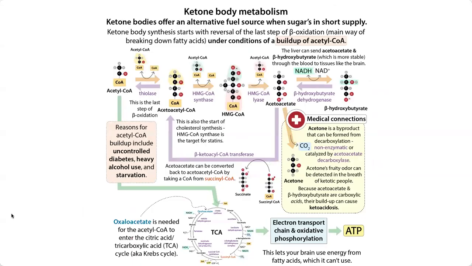Later in the semester, we'll talk about this condition called diabetic ketoacidosis. Basically, your cells don't have enough glucose inside of them. And if they don't have enough glucose, they can't do the TCA, the citric acid cycle, and that's where we get the bulk of our NADH.